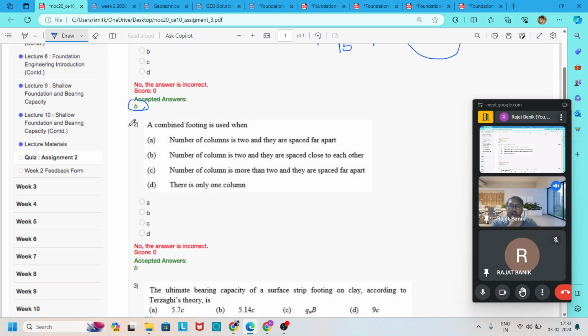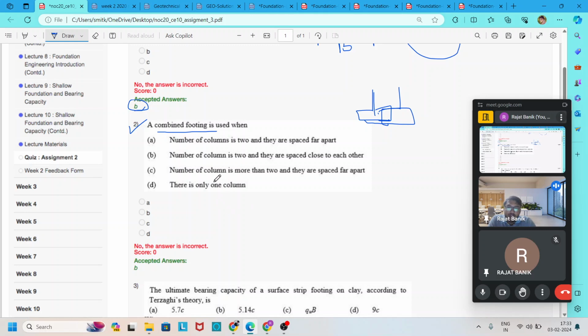In question 2, it is asked about the combined footing. We know that a combined footing is that type of footing where two columns are very close to each other and the foundation material of these two columns is overlapping, so we build them combinedly.